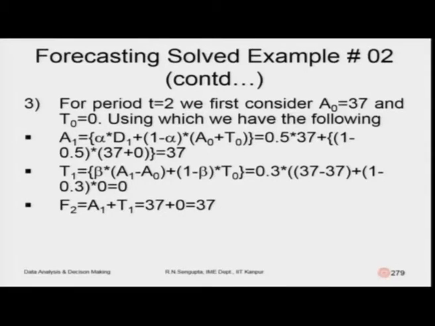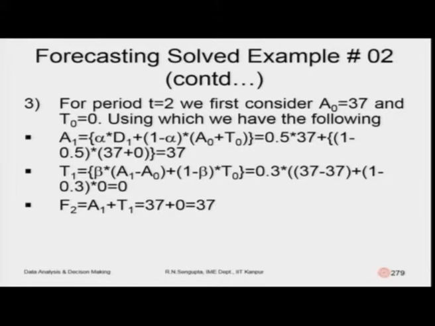So, we are using the trend analysis, and for example number 2, if you refer to the last set of slides in the last class, for period 2 based on period 1, we will first consider the A0. If you remember, we consider A0 and T0, the trend and the fluctuation, as 0, because you have to start at one point, using which we will try to predict.